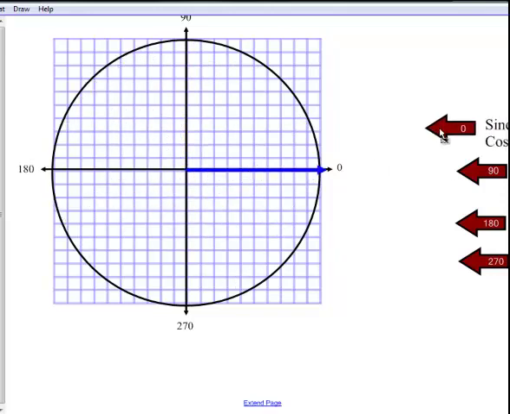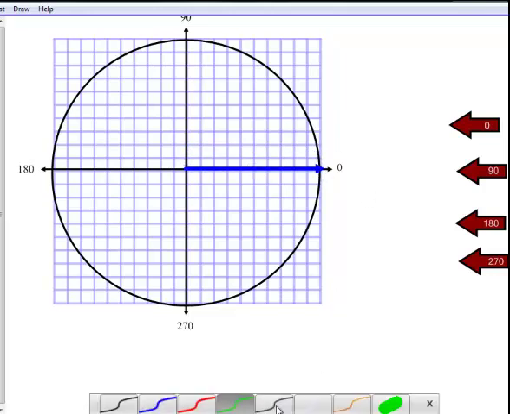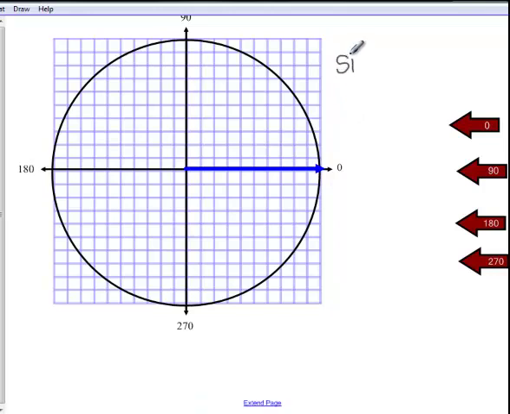So 0 degrees. If I opened up this angle 0 degrees, which means it doesn't move. Now we know the angle. What is the sine of 0 degrees? Well, 0 degrees sine. Let me think here.